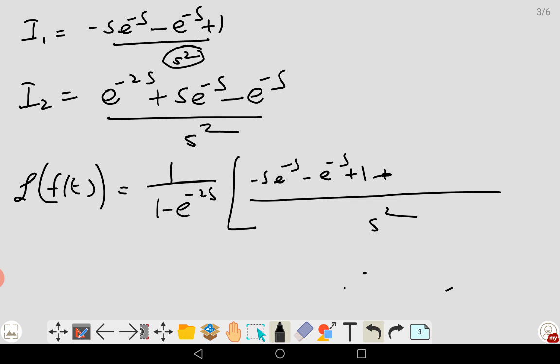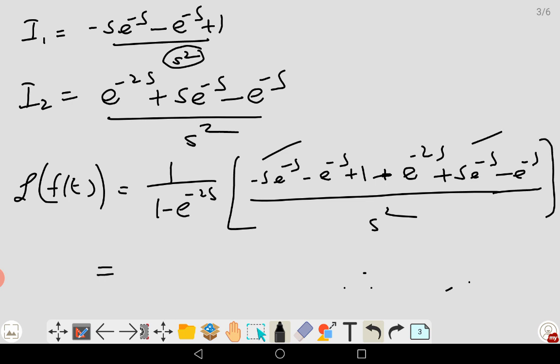Second integration result: e raised to minus 2s plus s into e power minus s, minus e power minus s. See, the first term and this fourth term can be cancelled. The rest will be 1 over 1 minus e power minus 2s. This term positive, e raised to minus 2s.